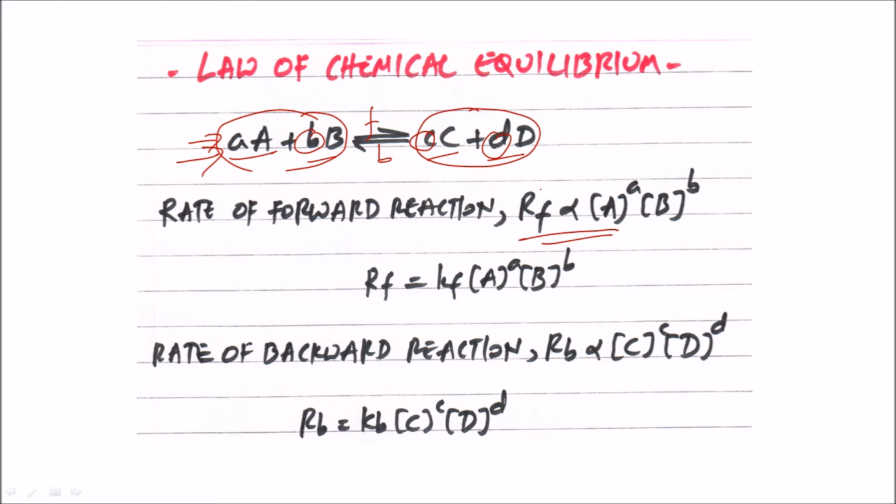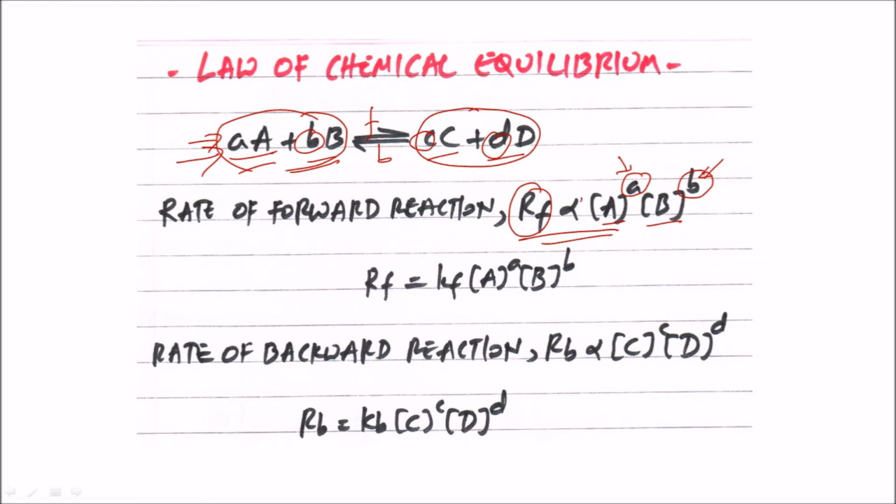So the rate of forward reaction, Rf, is proportional to A and B, the reactants. So Rf is proportional to [A]^a [B]^b. But we need to add one more point: the concentrations of reactants are raised to powers that are nothing but their stoichiometric coefficients, small a for A and small b for B. This is according to the law of mass action.